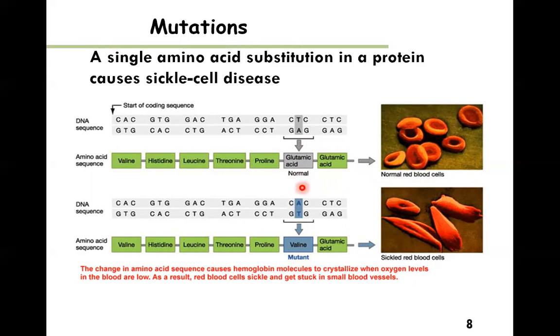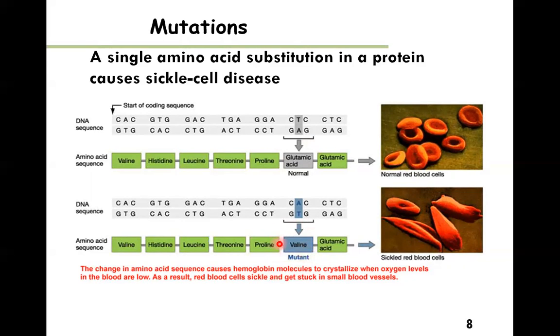In the mutation, we change the thymine to adenine, so the anticode will be guanine, thymine, guanine. This codes for the amino acid valine.